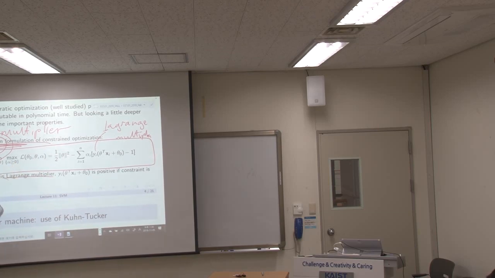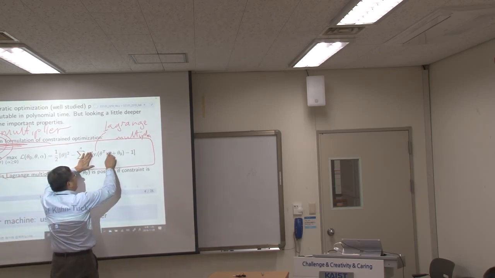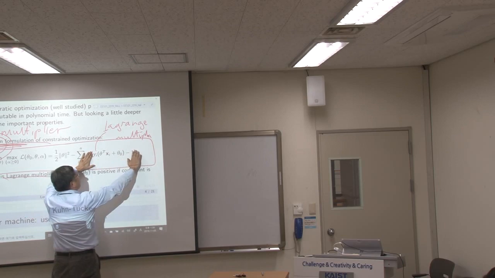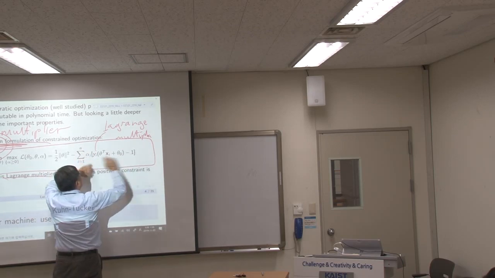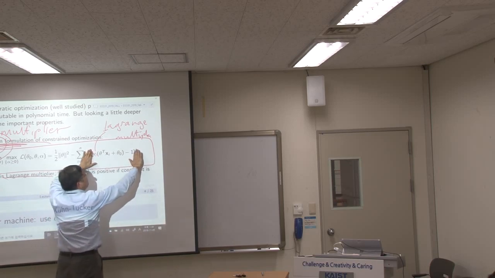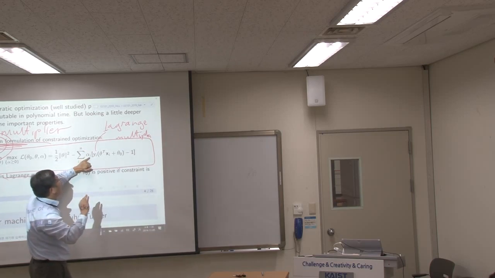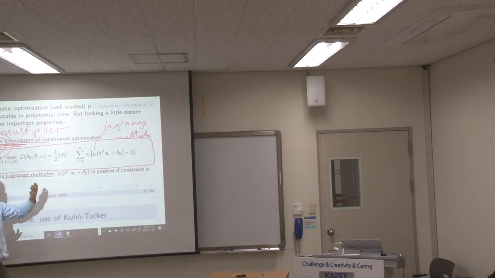It's going to make it 0. So for data, for values xi, where this is positive, this alpha i is going to be 0. If this value is 0, then alpha is going to be some non-zero value. It doesn't matter, right?